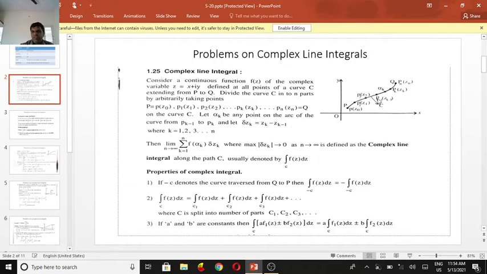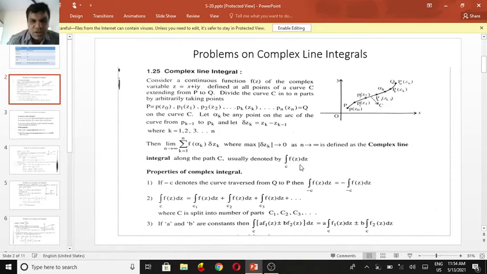If we take the limit as n tends to infinity of the summation from k equals 1 to n of f of alpha k delta zk, where the maximum of the absolute values of delta zk tends to 0, it is defined as a complex line integral. We denote this integral as the integral over C of f of z dz.